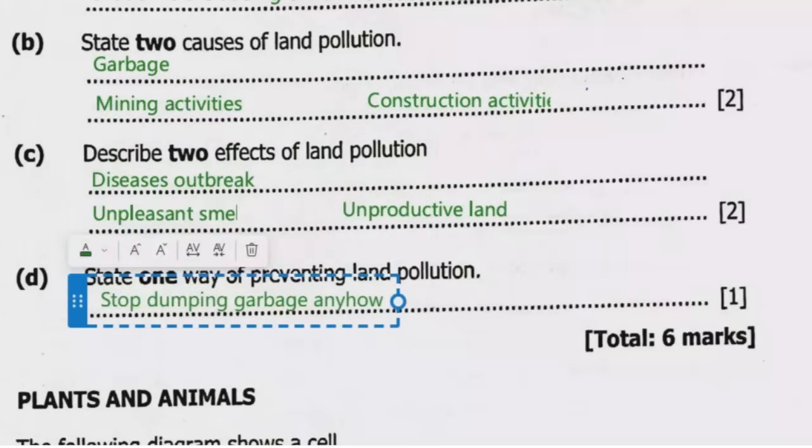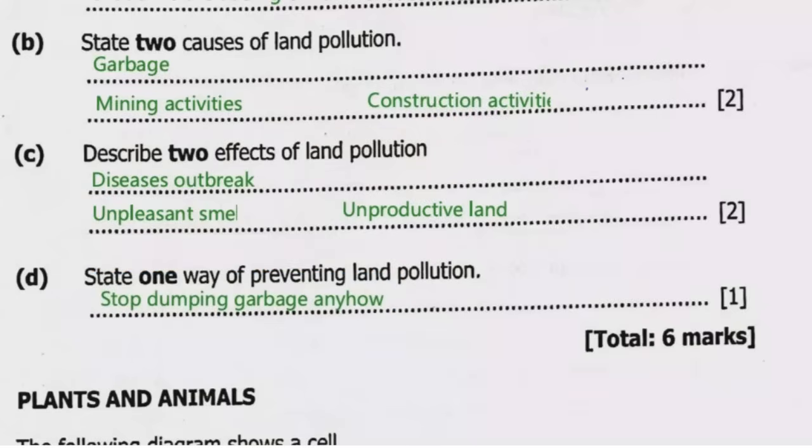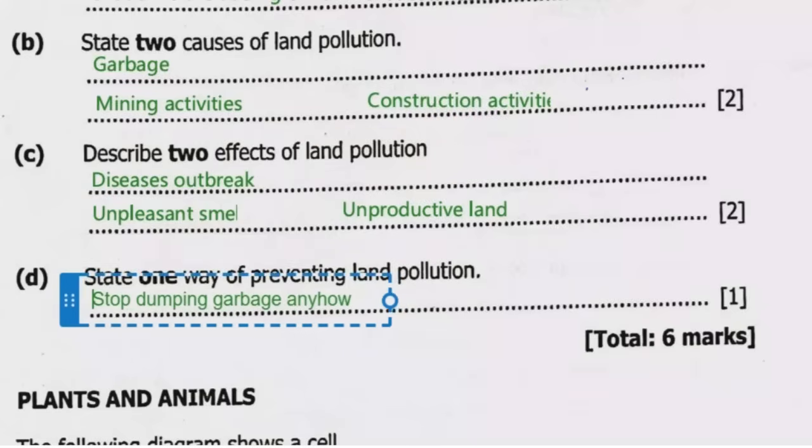If there is dirt, you make sure you have a designated area where you are supposed to dump the garbage. Okay, then the other one, since they want one, let me give you two.